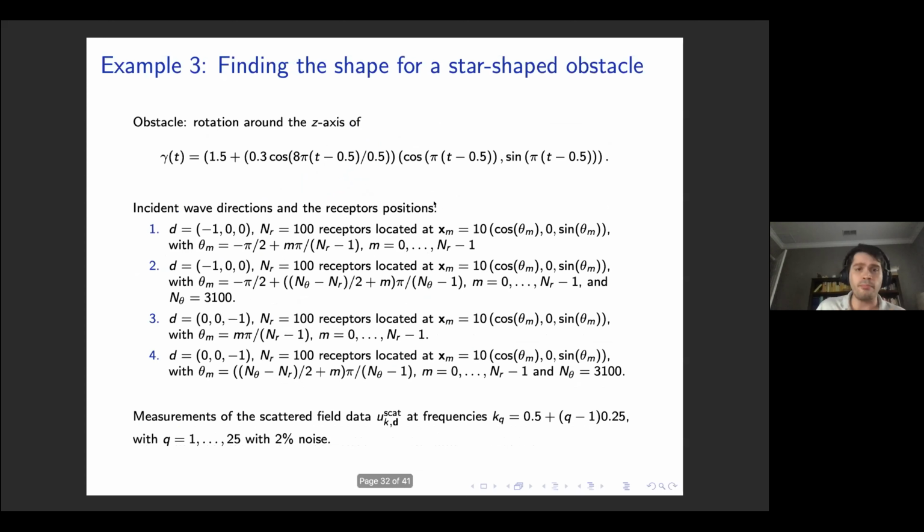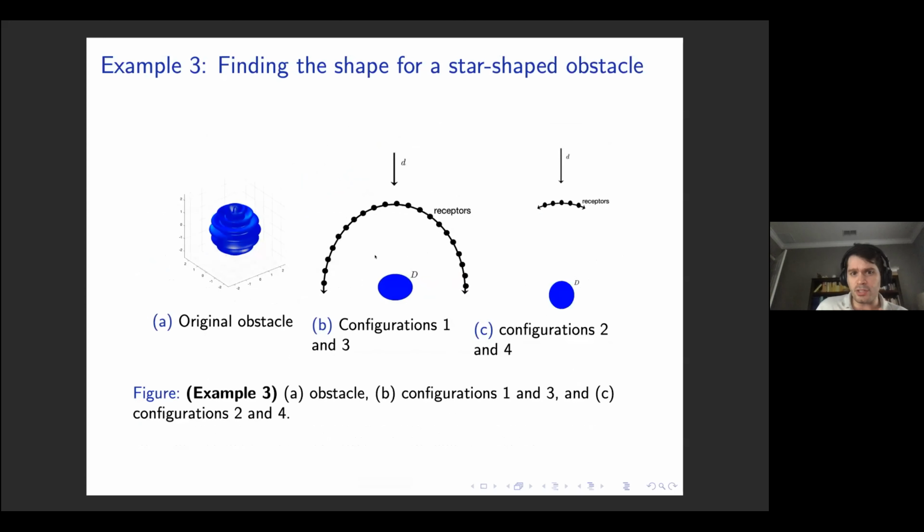I think I still have 1 minute. I'm going to try to rush here just to show the reconstruction of the shape. In the next example, we try to reconstruct this shape here on the left using these different configurations. In one configuration, we send the incoming wave in this direction, and we have these sensors.